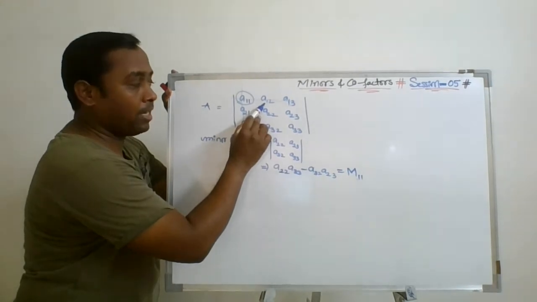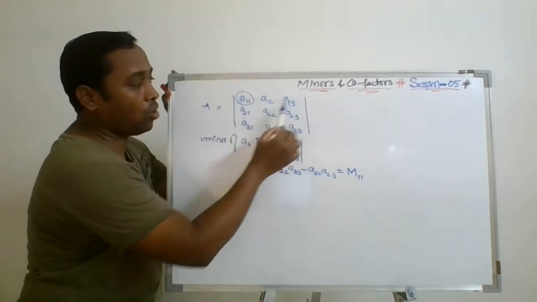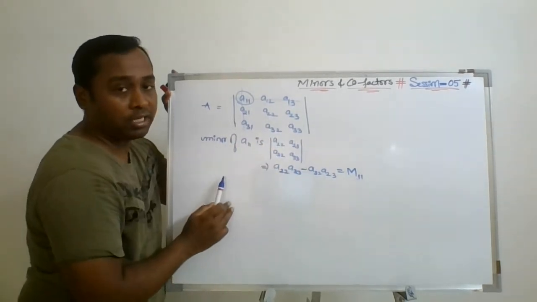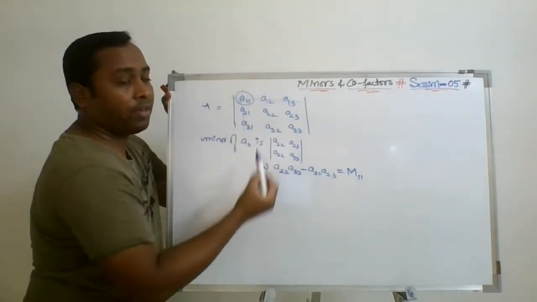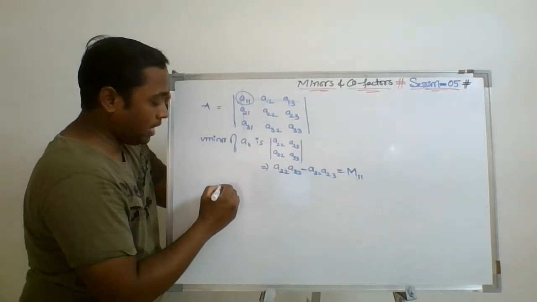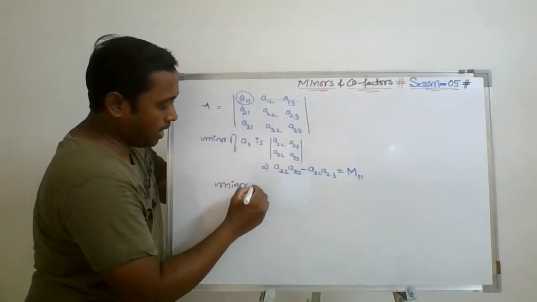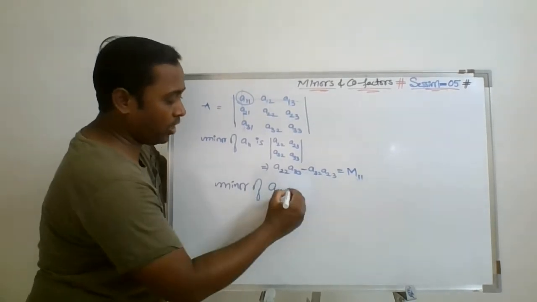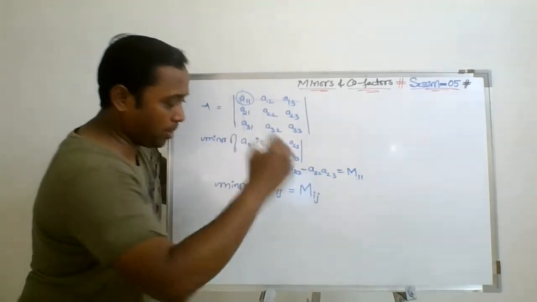The minor of A12 we can find in the same way, simply by eliminating the row and column and taking the remaining elements as a 2 by 2 determinant. So the minor of A11 is M11, the minor of A12 is M12, like that. In general, the minor of element Aij is denoted by Mij.